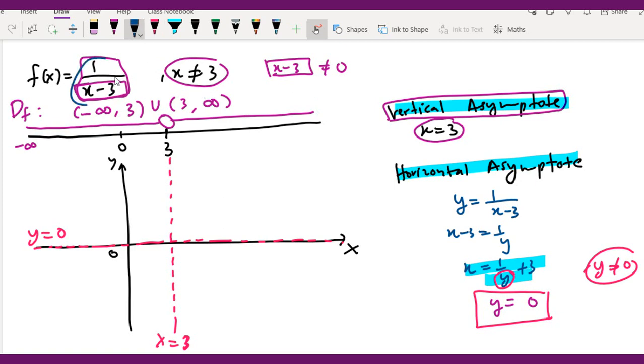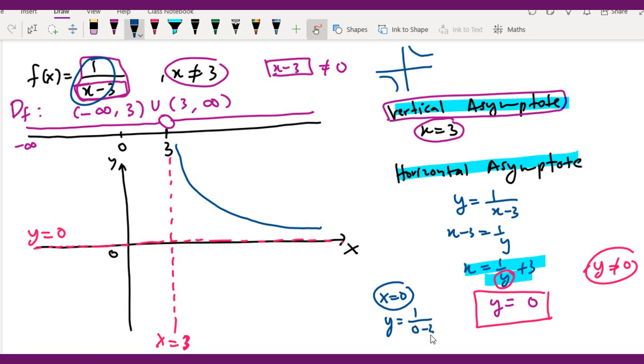The graph is like 1 over x, lying in the first and third quadrants. Take one number here; the graph is here, and in the third quadrant. You can check what happens when x is equal to 0. Substitute x equals 0: 1 over 0 minus 3.